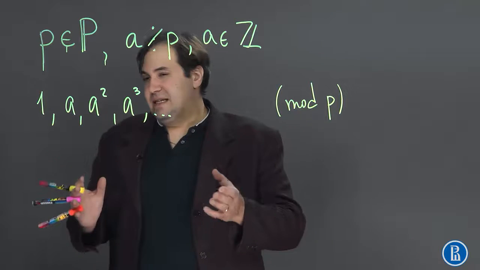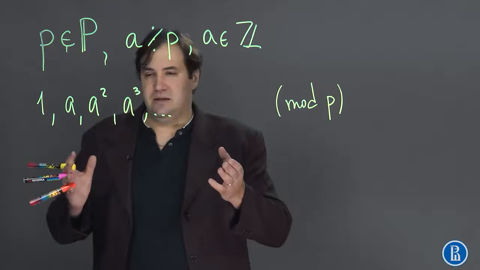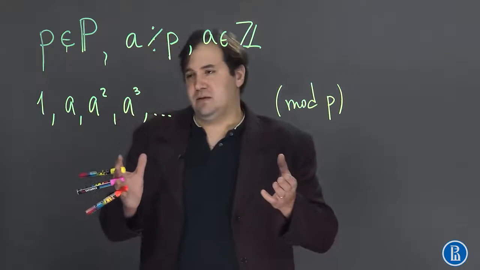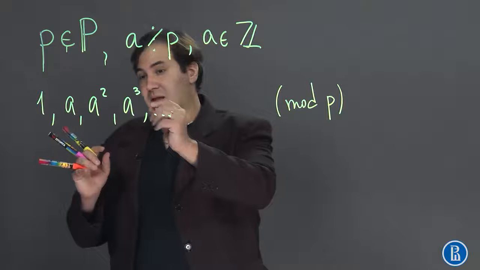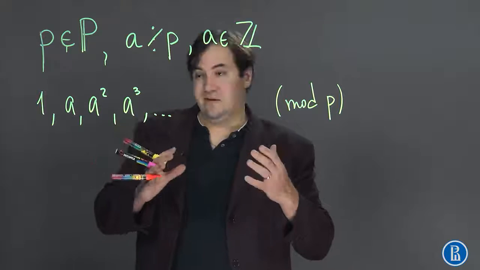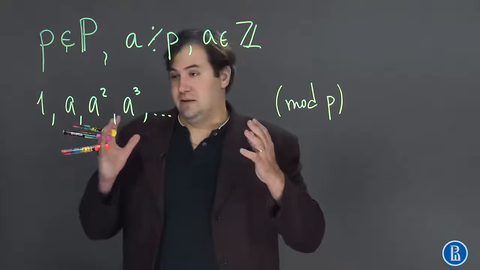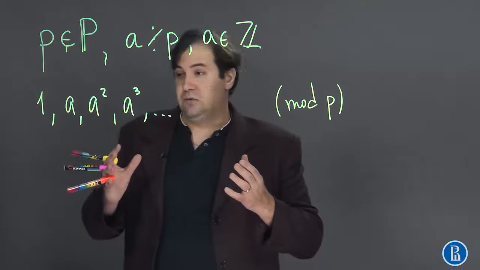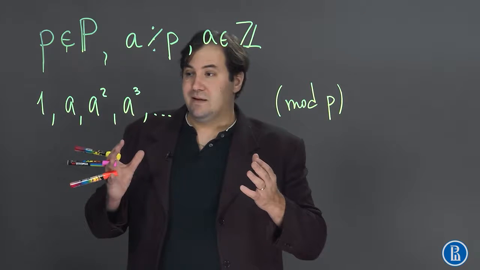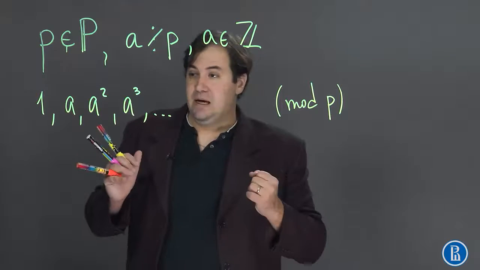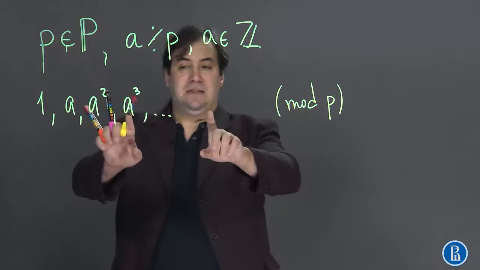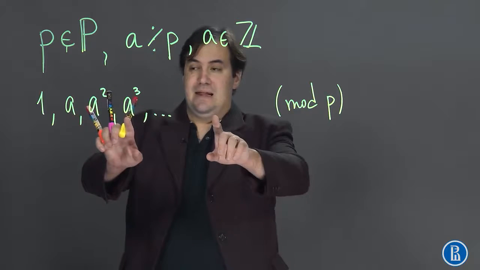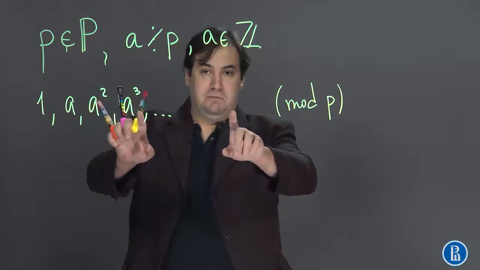Okay, so what can we say about this sequence? Well, of course, it is an infinite sequence, while all the elements can have only a finite set of values. So sooner or later, they will repeat. And after one of the elements repeats, the sequence will become cyclic.